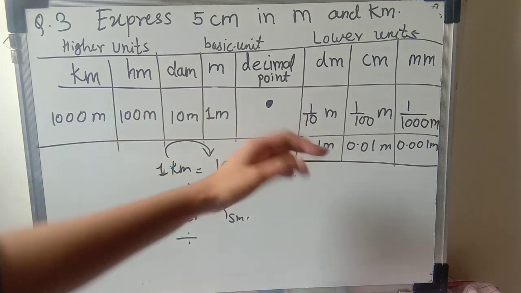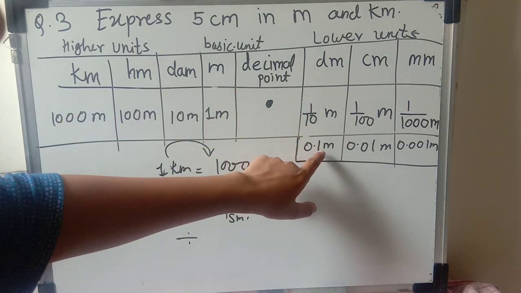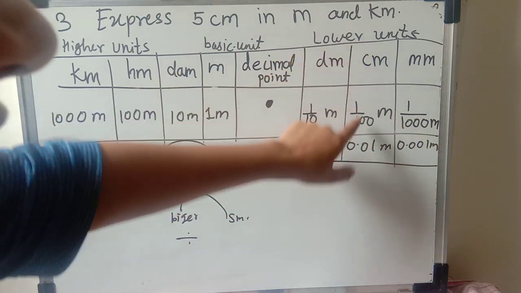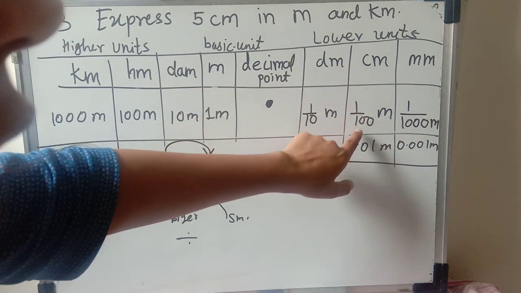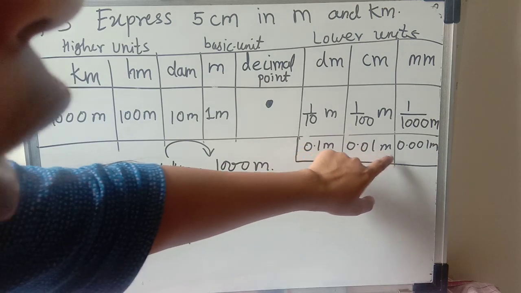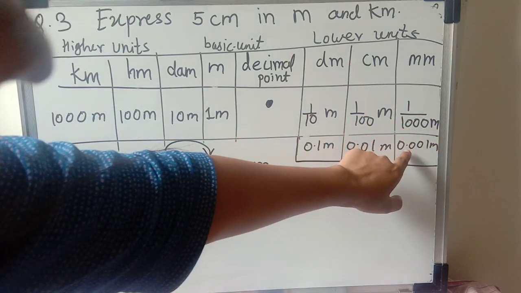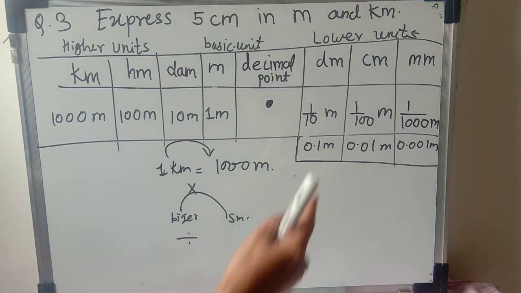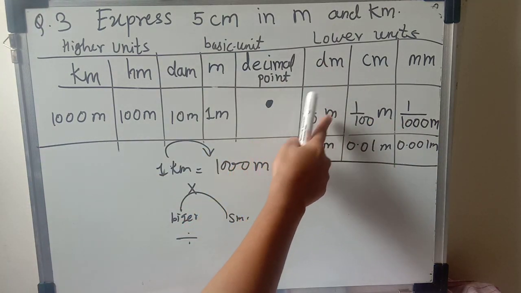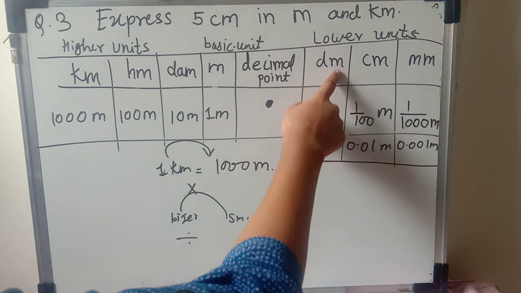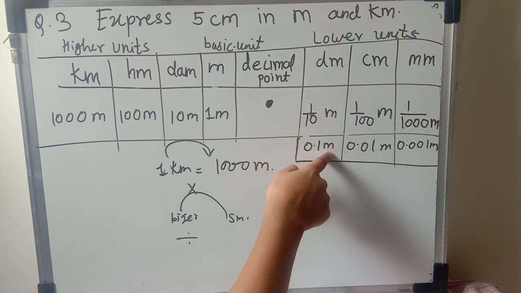1 upon 10 meter means how many meter? That is 0.1 meter. Okay, centimeter, that is 1 upon 100, that is 0.01 meter. Millimeter means 1 upon 1000 meter, all these are in the form of meter. Okay, so decimeter in meter, how much is it? That is 0.1 meter.